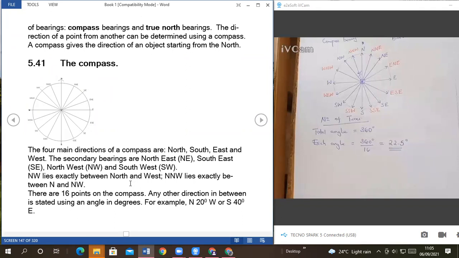There are 16 points on the compass. Any other direction which is stated using an angle is in degrees.